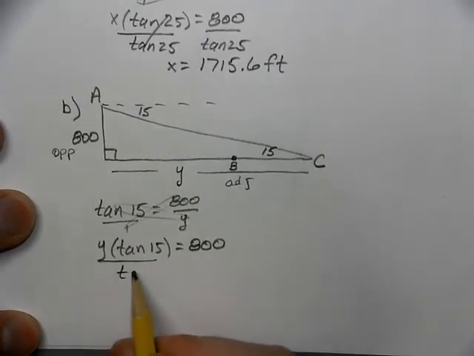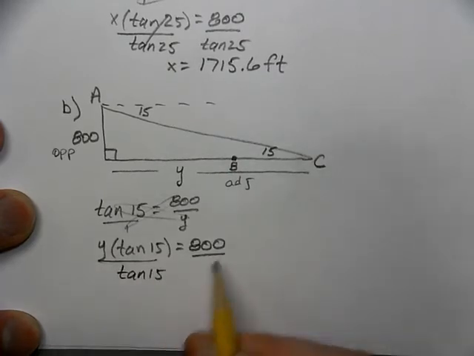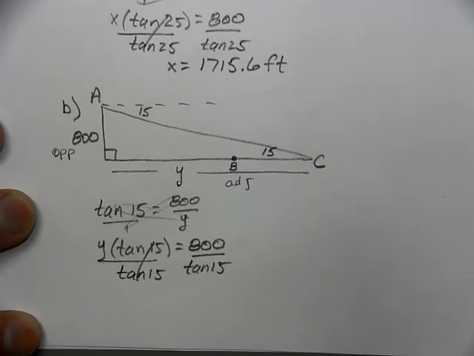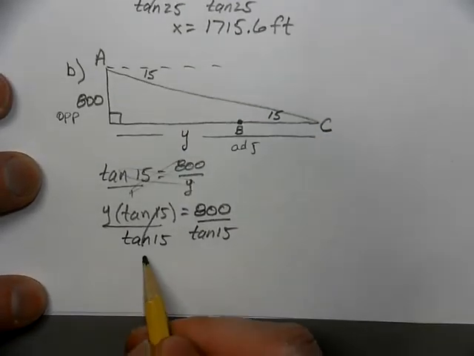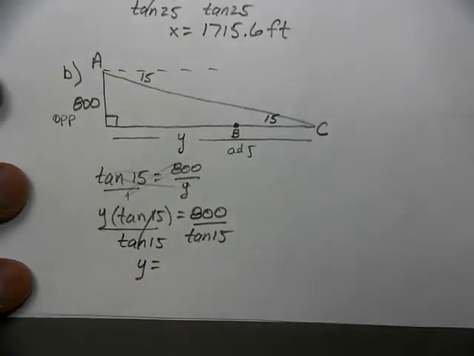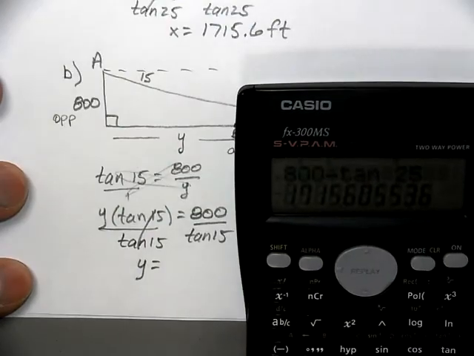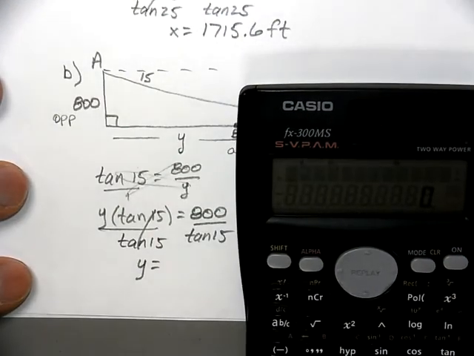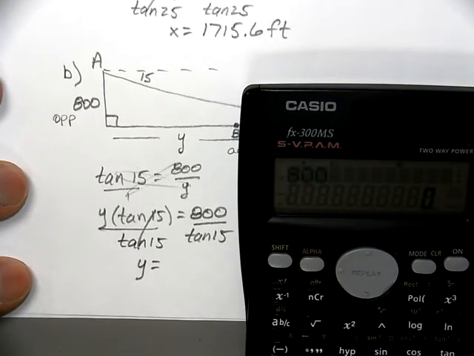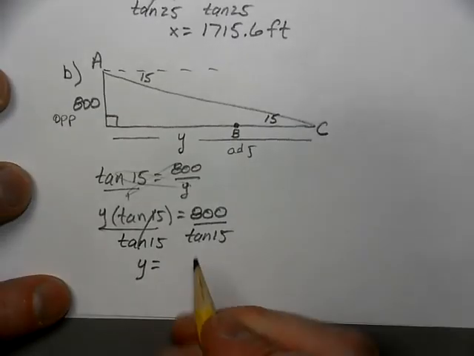Divide by the tangent of 15. So 800 divided by the tangent of 15 gives us 2,985.6.